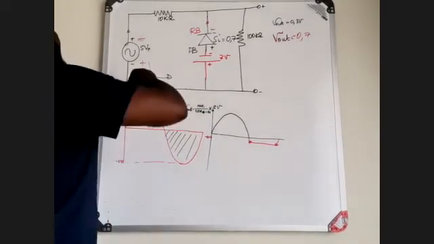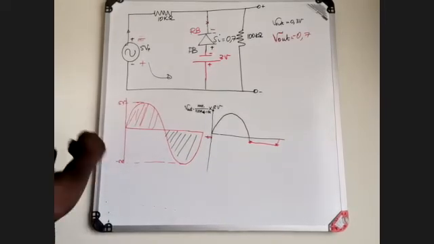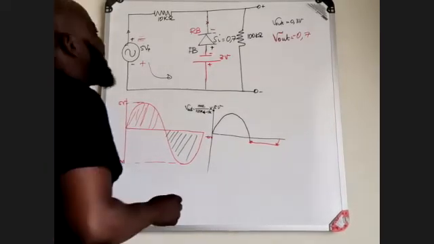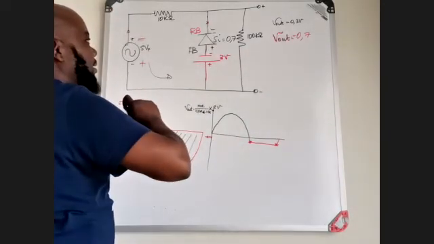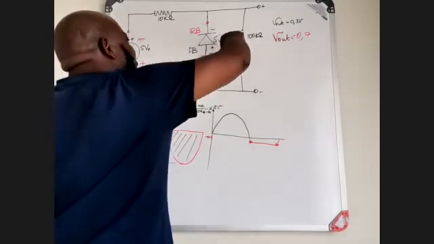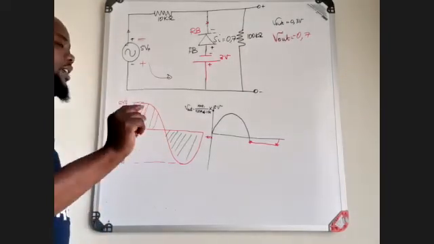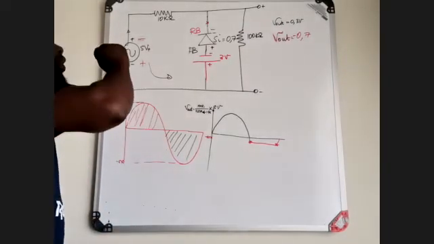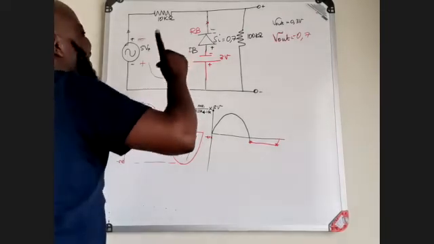Compare to this one here, which means now I have managed to establish that I don't want this voltage at 0.7 volts, because that voltage is too little, but I want to increase that voltage.